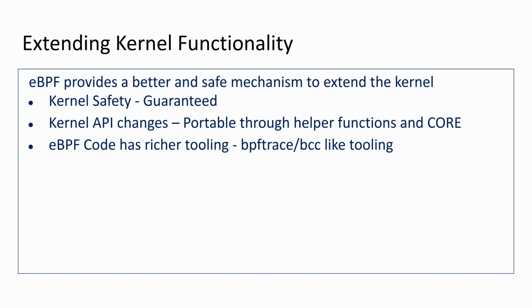eBPF code has richer tooling. I have some slides about what bpftrace is and what it does, but in short, it's about creating an API, an interface where you can easily converse with the kernel via your BPF.